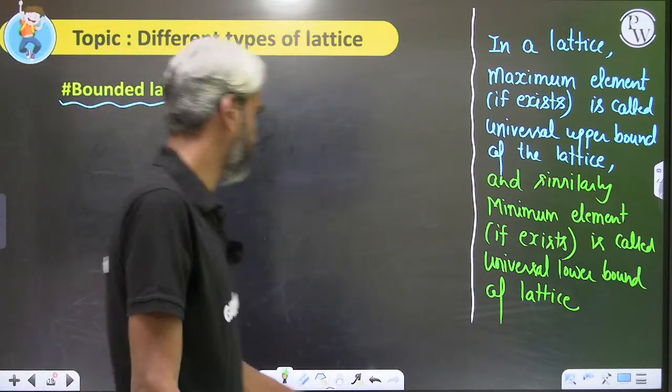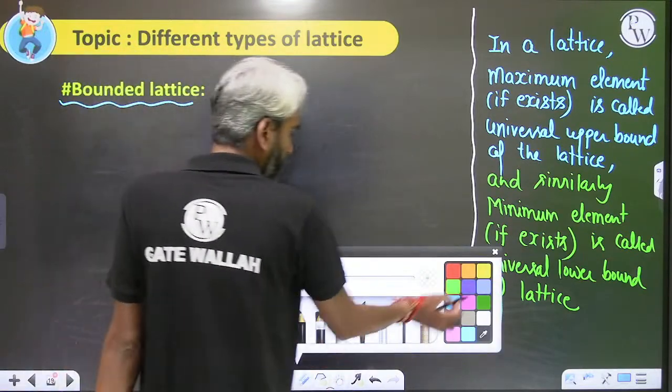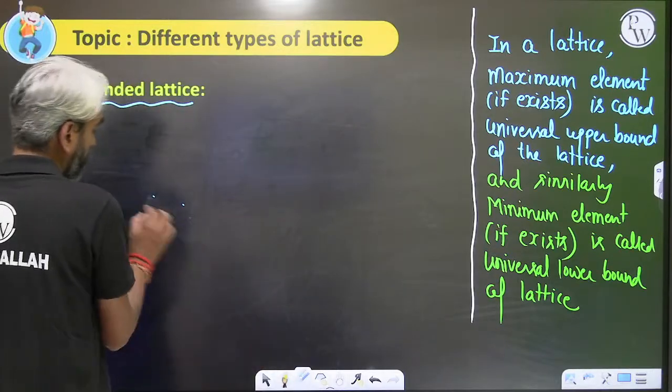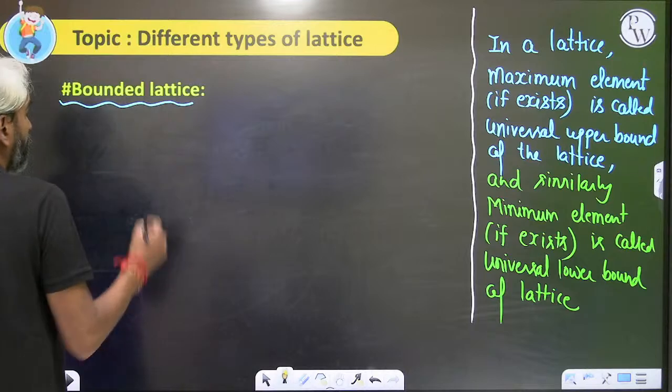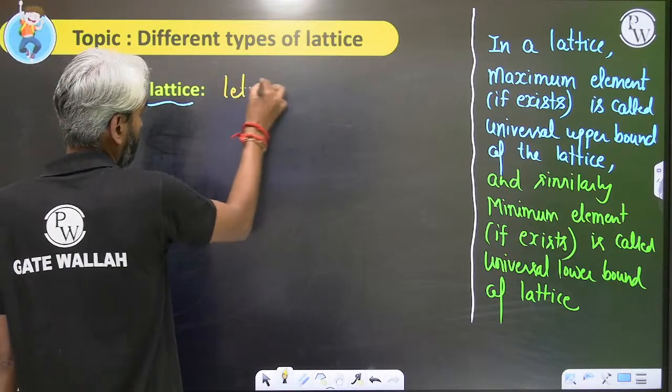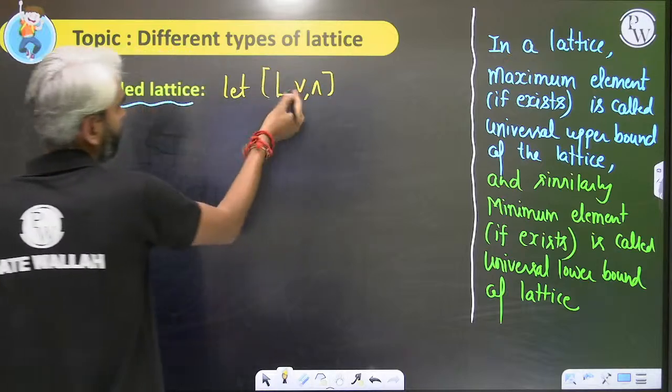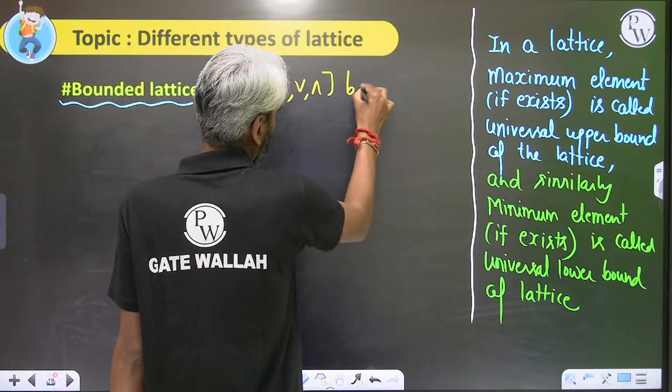I'll give you an example in a while, but let me give you the proper definition of the bounded lattice. What is the definition? Hold on. Let L, with respect to the least upper bound and greatest lower bound denoted by these symbols, be a lattice.